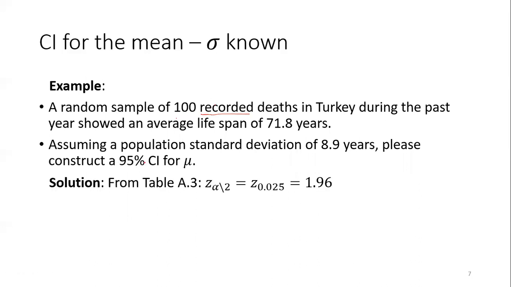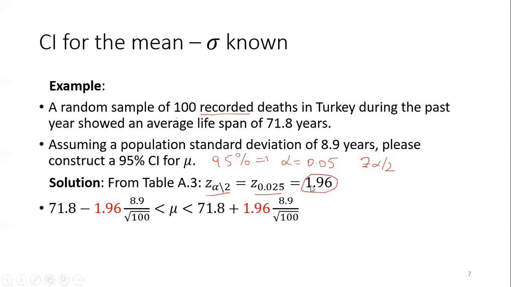Since this is 95%, alpha is equal to 0.05. So I need z alpha over 2, which is z sub 0.025, which is equal to 1.96.